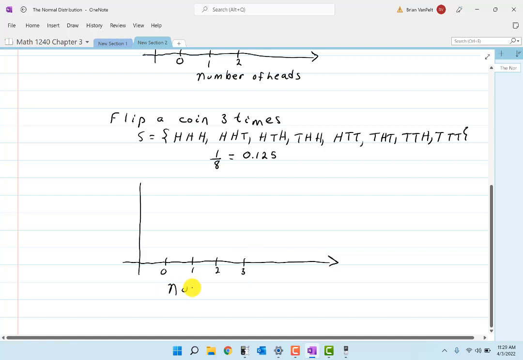So once again, down here is the number of heads. And I probably should have put along here, this is the probability. Alright, so these go in increments of 0.125.